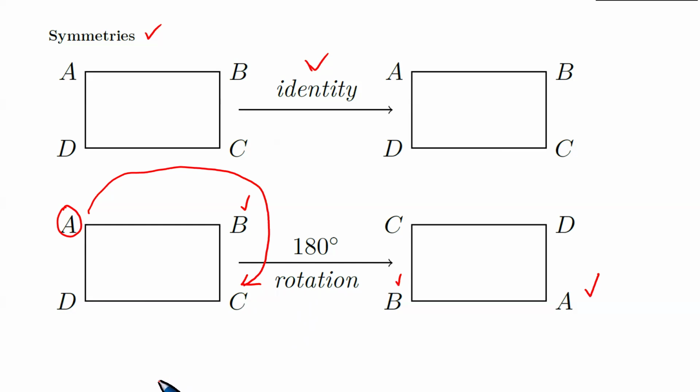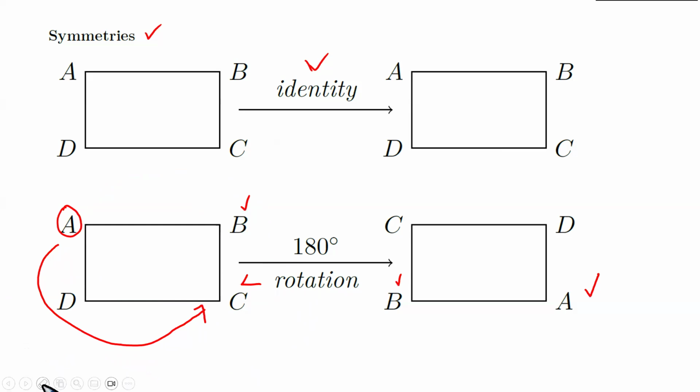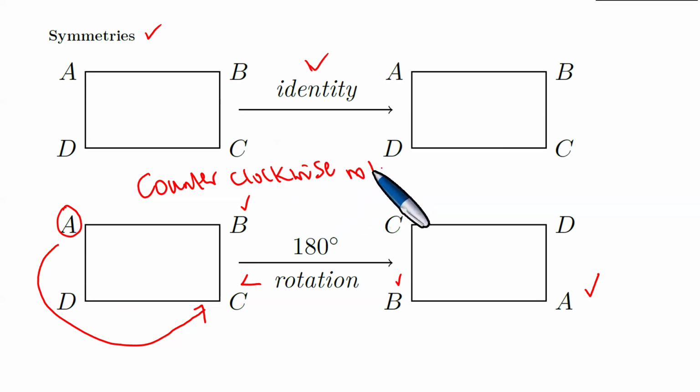Similarly, you can look at the fact that this A has gone and is now sitting in that position, which is the most accurate transformation, because most of these will be counterclockwise rotations.